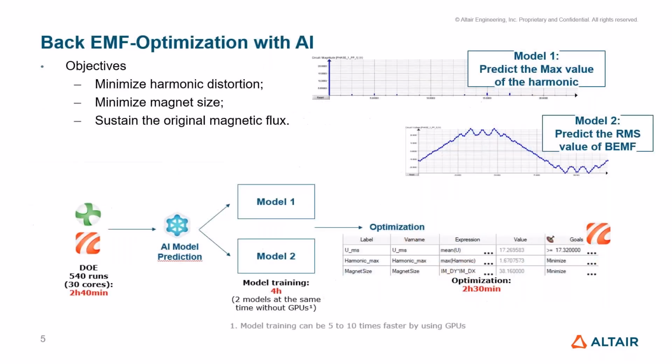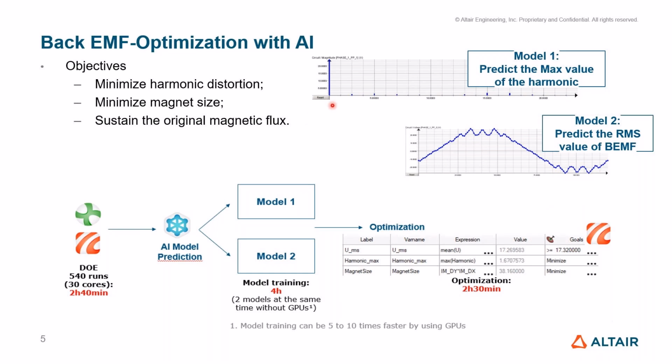Once you have the parameters, since our goal is to minimize harmonic distortion, and the other one is minimizing the magnet size, to minimize the harmonic distortion we need to have two quantities. The first one is the RMS value of the back EMF that we are getting from each model. And then the maximum value of the harmonic.